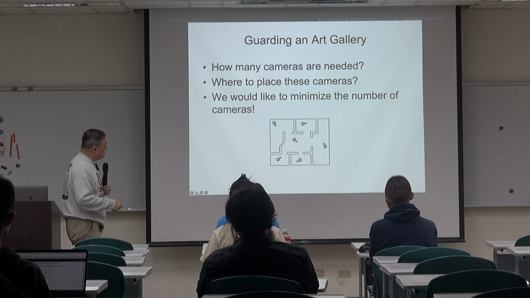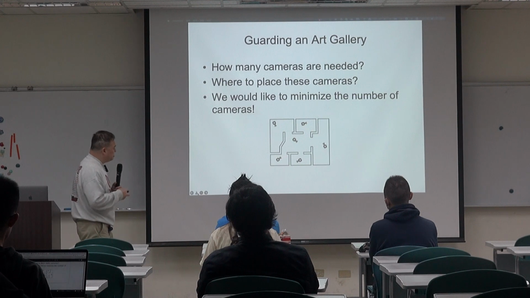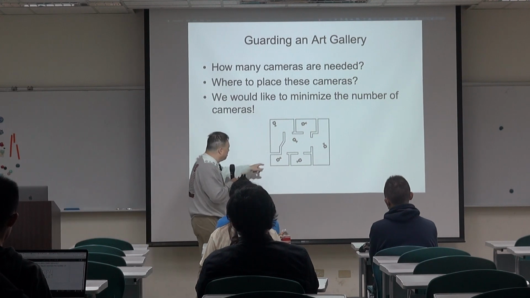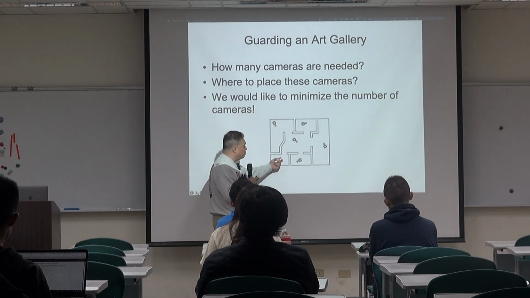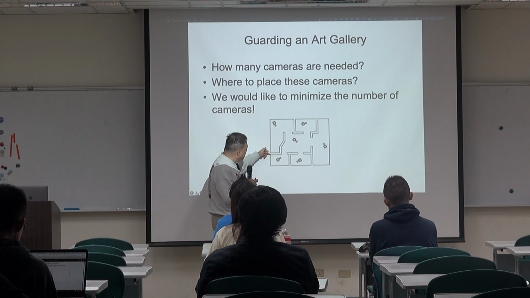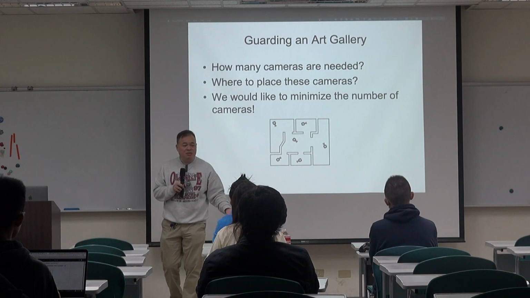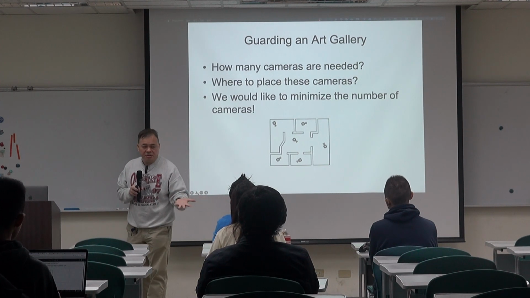And you could imagine that the camera can rotate. It can rotate, but you can see that because of those walls, some places in the art gallery will not be covered by the camera. There will be some corners.